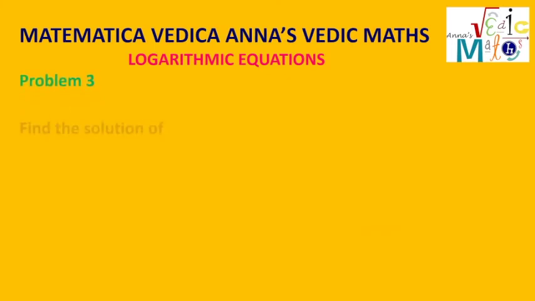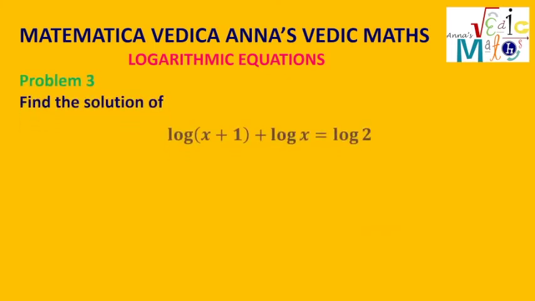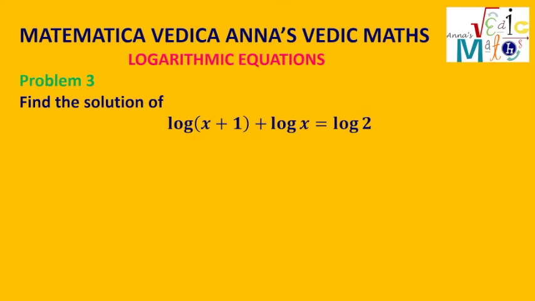Here is another exercise. We want to find the solution of log(x+1) plus log x equal log 2. We have odd terms. First of all, we find the domain. Each argument has to be positive.